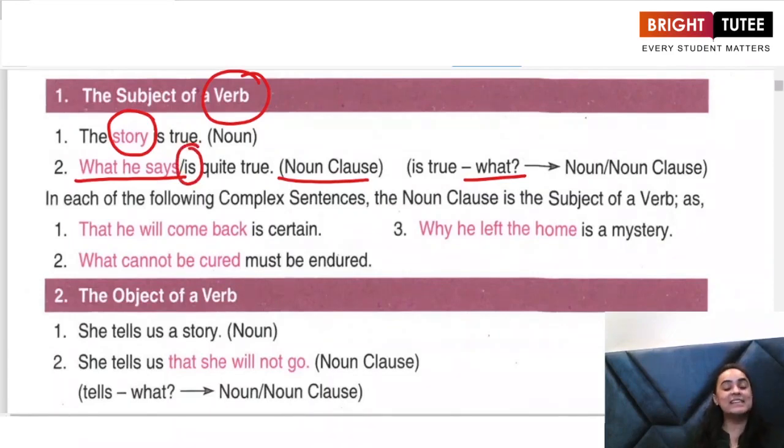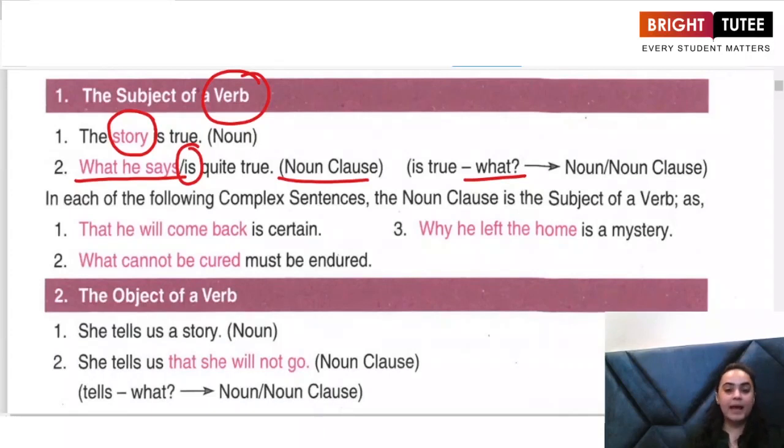Okay, that is the subject of the verb. When it is in the place of a subject in the sentence. We all know what a subject is. So when my noun is in the place of a subject in the sentence, it is known as the subject of a verb.